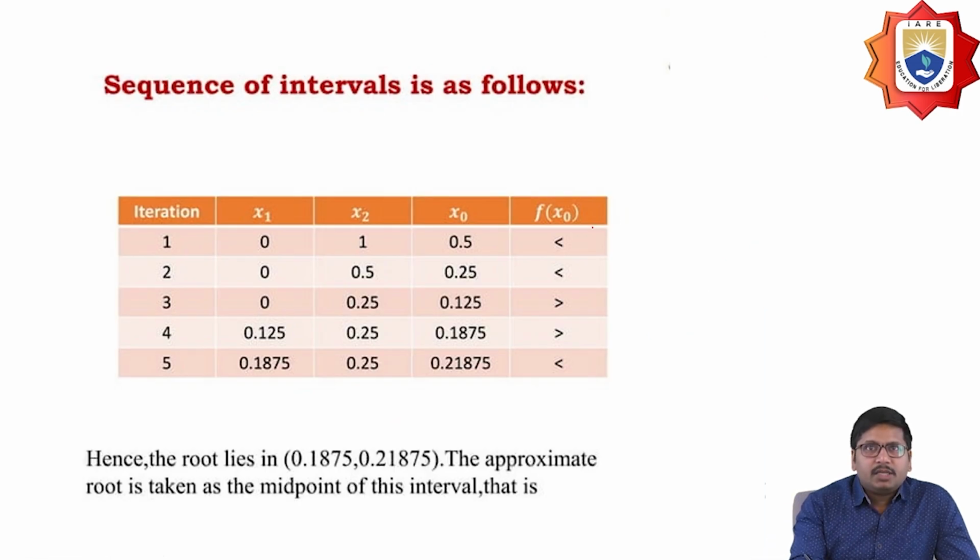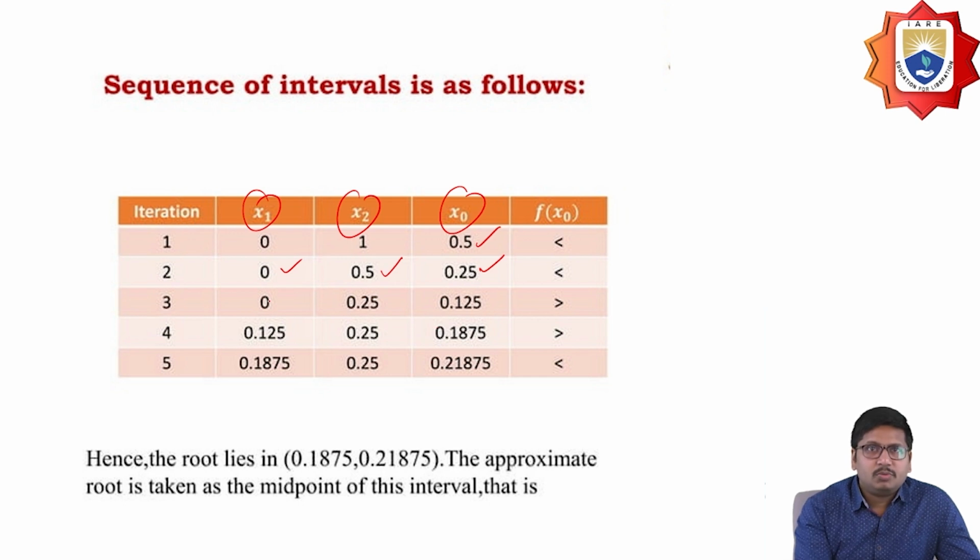By constructing this, I'm going to take one table like this: x1, x2, x0. In iteration 1, x1 is 0 and x2 is 1, so x0 is 0.5. Similarly, with x1 as 0 and x2 as 0.5, I get x0 equal to 0.25.